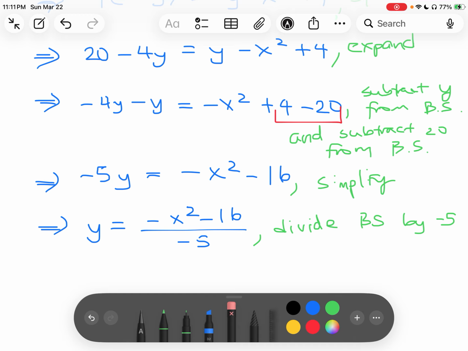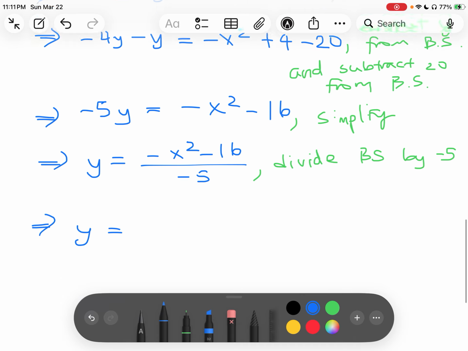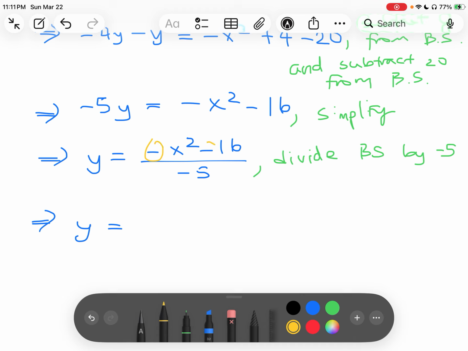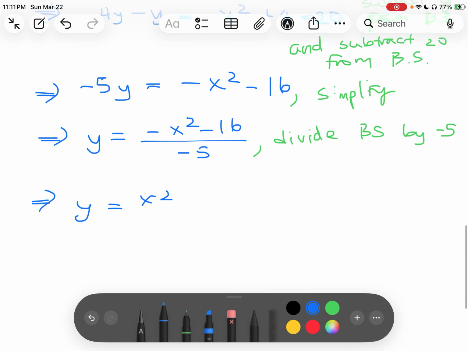Simplifying, notice that there's a minus over a minus, so we can cancel out the minuses. Then we get x squared plus 16 over 5. And that's your final answer.